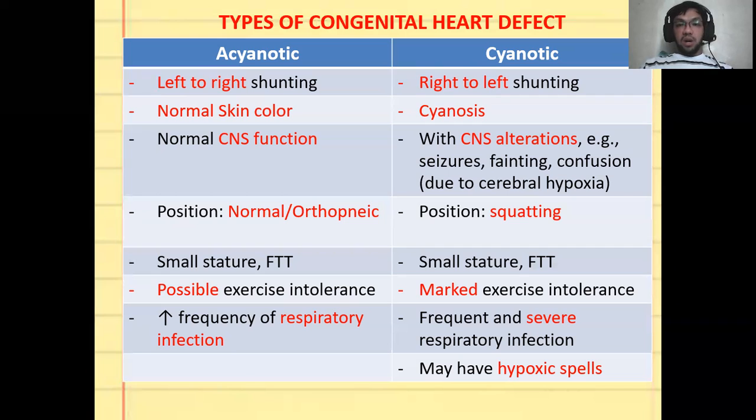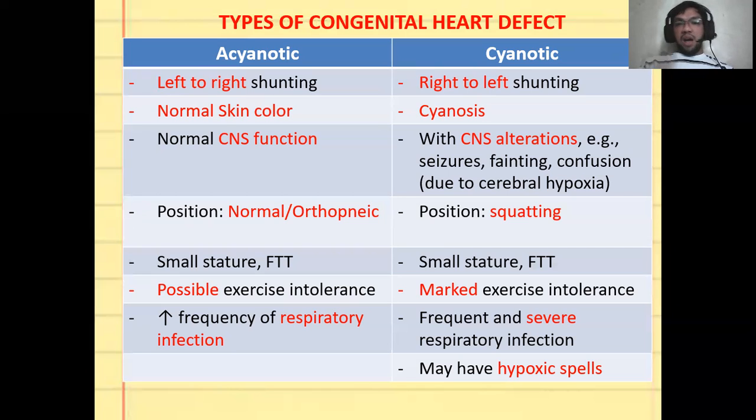And this occurs with CNS alterations due to the lack of oxygen circulating in the body, due to hypoxia, such as seizures, fainting, and confusion. And the best position, I forgot to tell you, in acyanotic, they can be placed in a normal position or an orthopneic position if they are having difficulty of breathing.